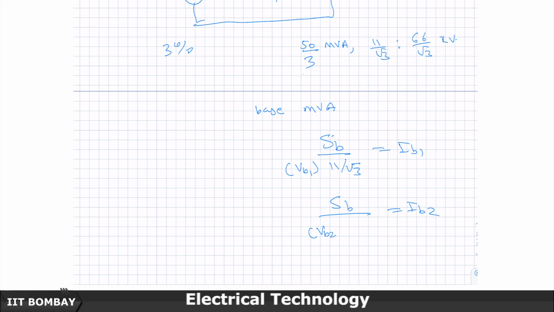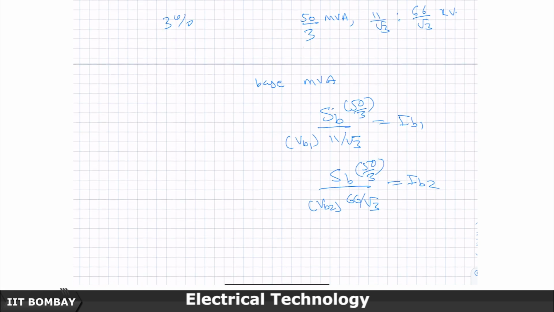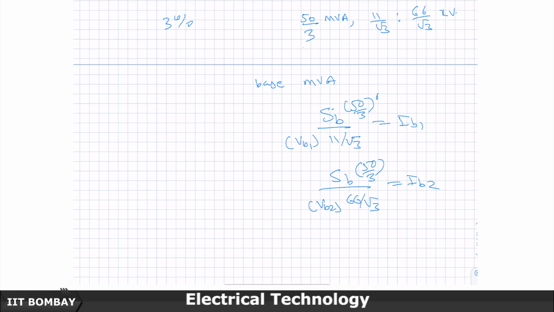SB is 50 by 3, and the voltage is 66 by root 3. This is MVA, this is kV, so the current is in kiloamperes.